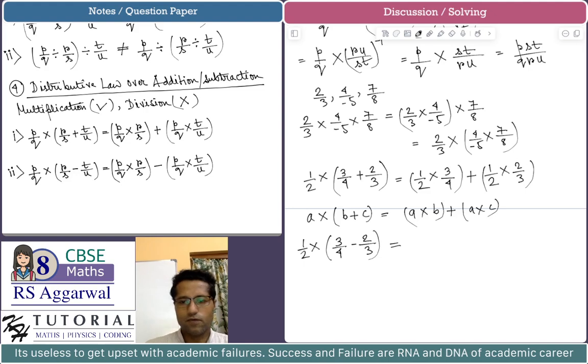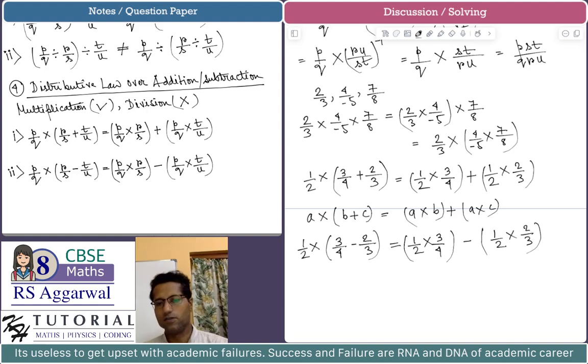That is, you first multiply half with the first rational number in the subtraction, and then from this result you subtract the result of multiplying half with the second rational number in the subtraction. So this is the formula of distributing multiplication over subtraction.